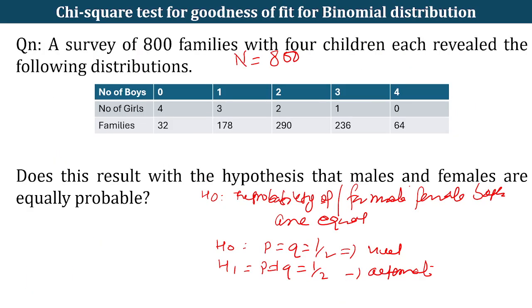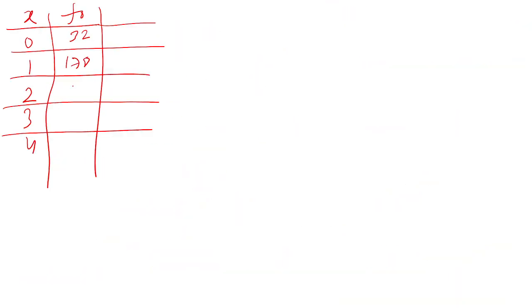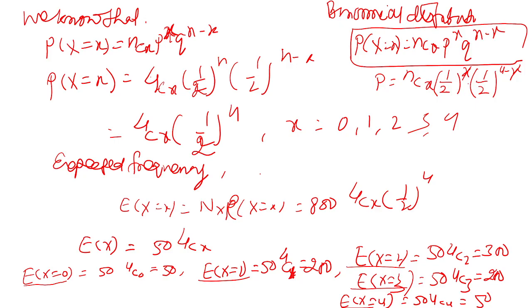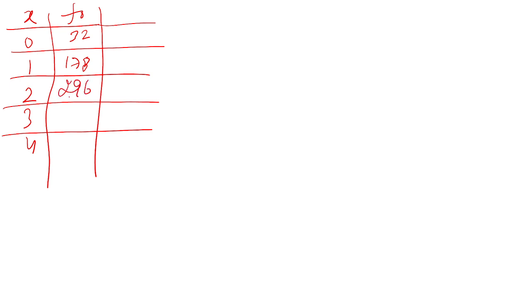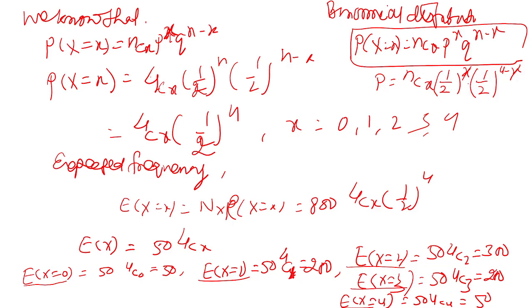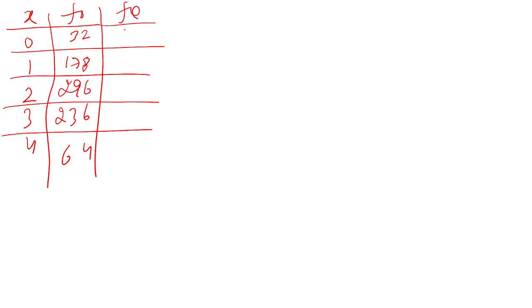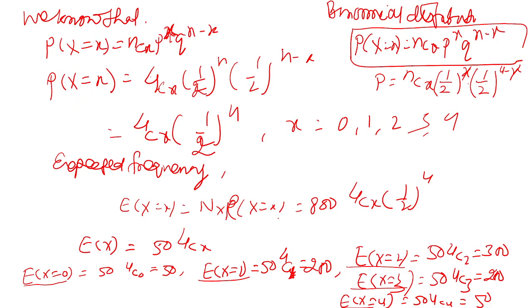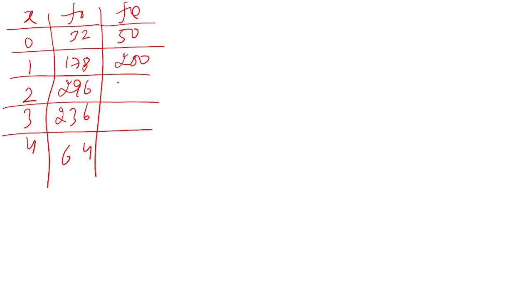Then we take 178, then 290, 236, 64. We have calculated the expected frequencies: for x equal to 0 the expected frequency is 50, then 200, 300, 200, and 50.